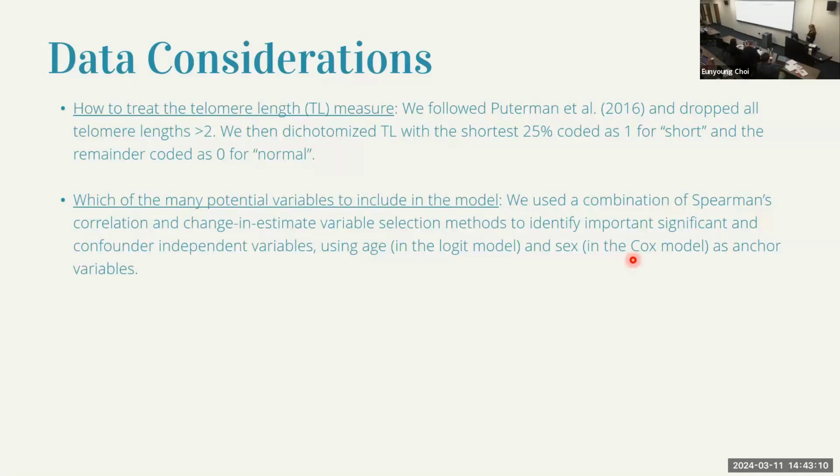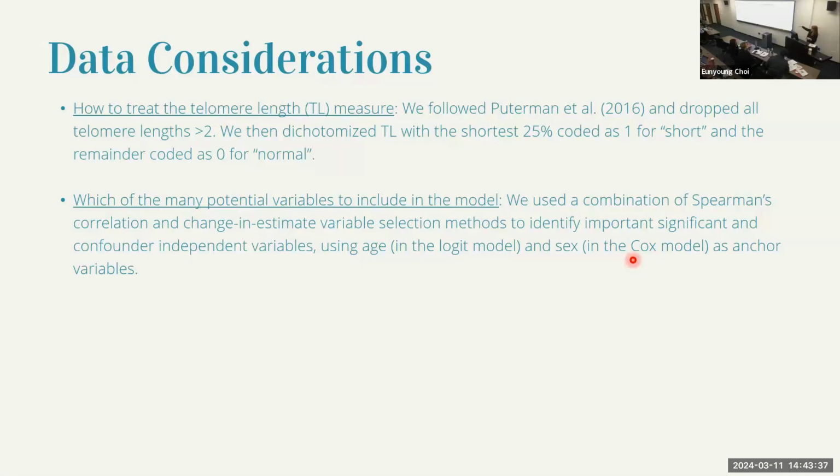And so what we did to narrow down is my colleague, Kanya Godi, is a biological anthropologist, and she is really into using variable selection methods starting with Spearman correlations and then using change in estimate variable selection. So that's ultimately what we ended up doing to winnow down the variables.